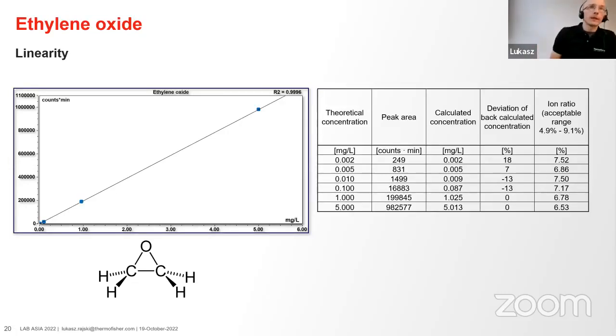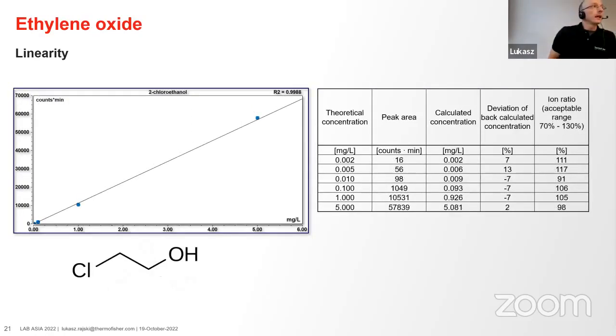The ion ratio variation cannot be higher than 30%. In the case of the method that we had here, the acceptable ion ratio is between 4.9 and 9.1, and you can see that for all the points of our calibration curve, the ion ratio was in the expected range.